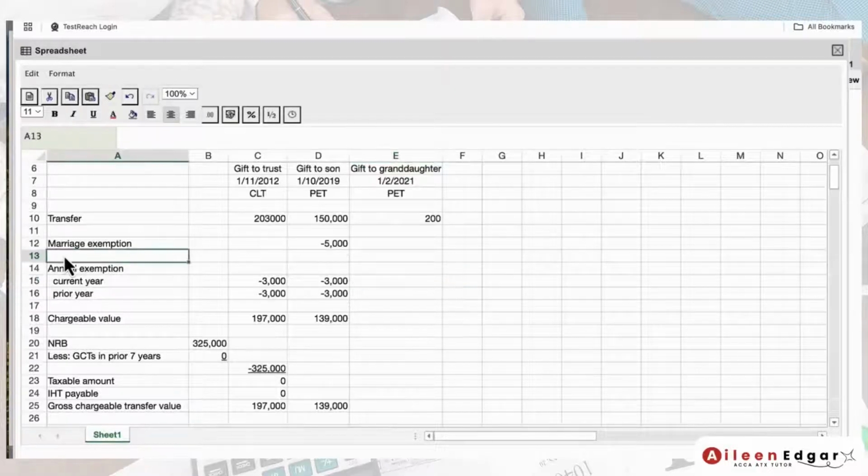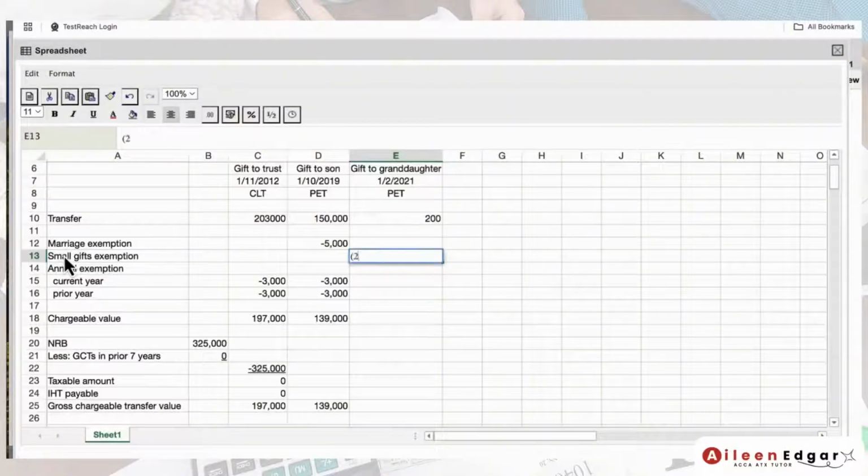Yes, the small gifts exemption can apply here because that allows us to gift up to £250 in a tax year to one particular person, as many people as you like, but one recipient of each £250. So this granddaughter got £200, so that's covered by this small gifts exemption.